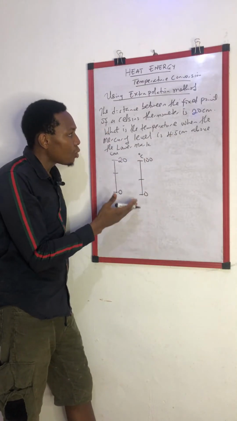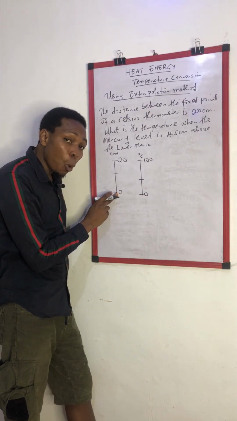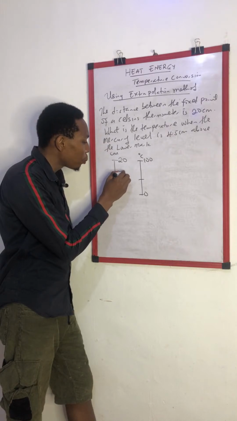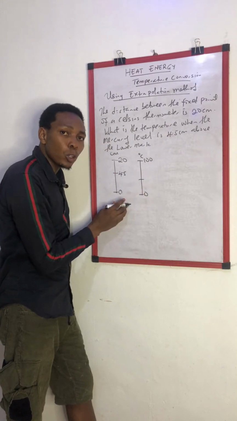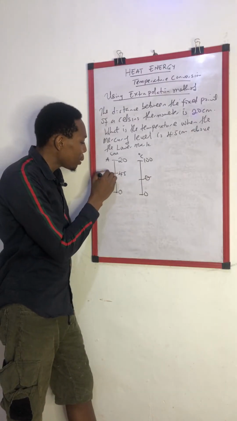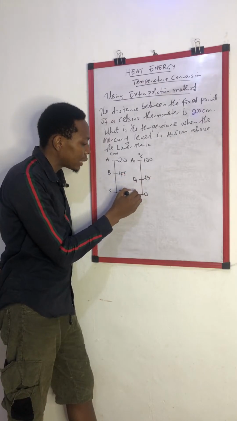Then we are now told, what is the temperature when the mercury level is 4.5 centimeter above the lower mark? Above the lower mark means above the lower fixed point. So here we have 4.5, and we are looking for the unknown, which we call theta. So this is A, B, and C, and A1, B1, and C1.